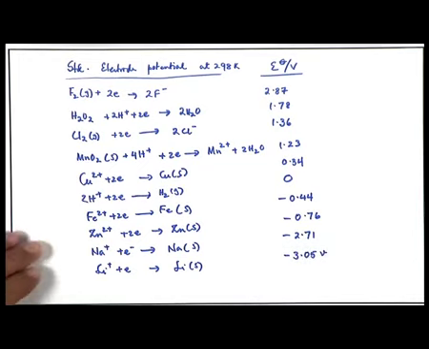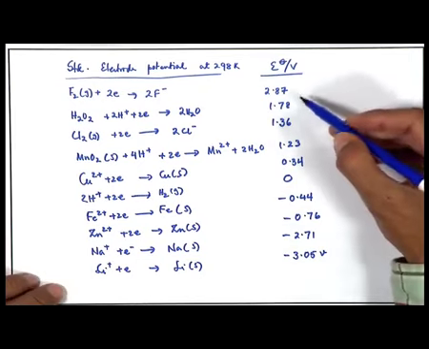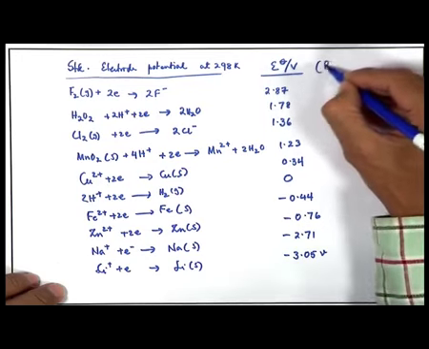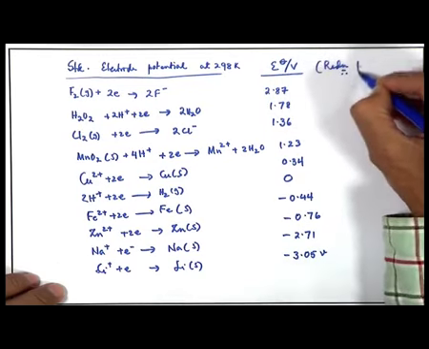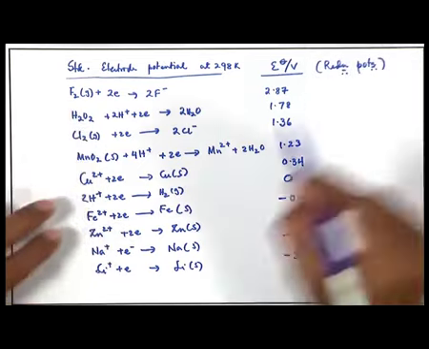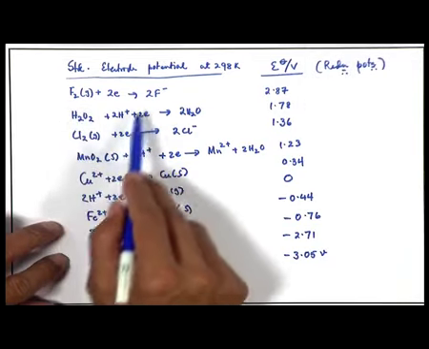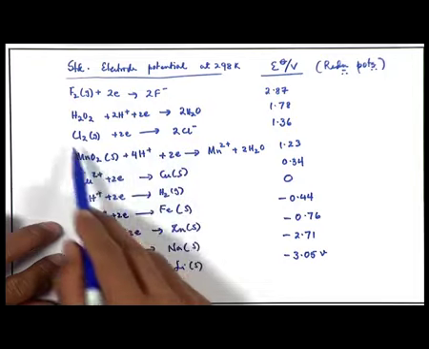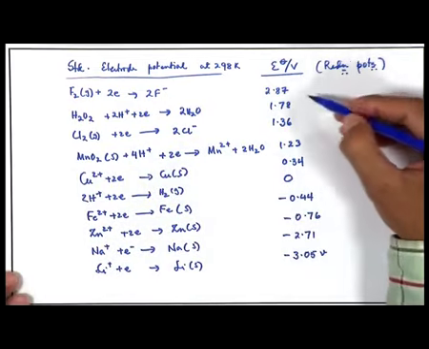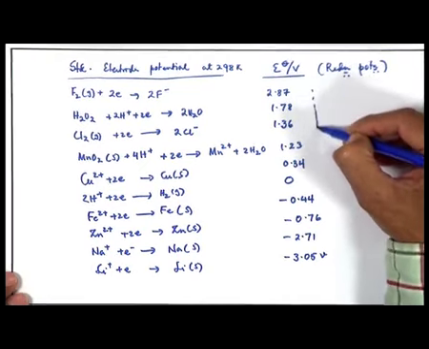Okay. So, you see that there is a changeover. I have expressed every reaction as a reduction reaction, so it is all represented as reduction potential, and you see that the value is reducing this way.